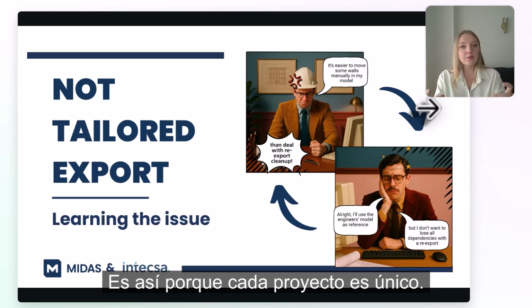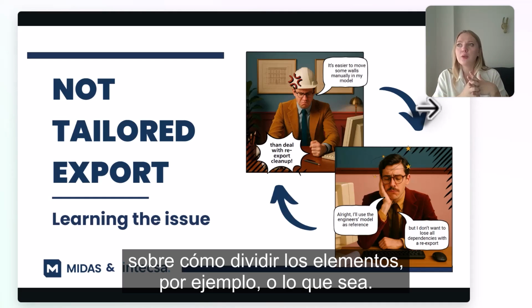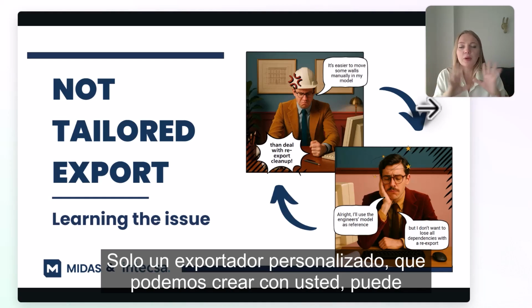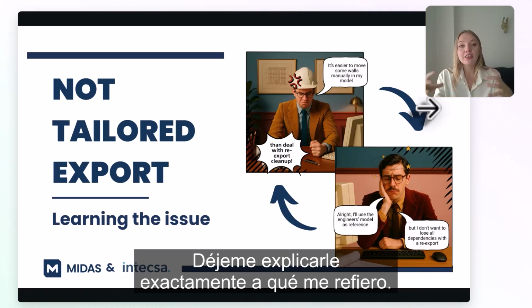It's just the way it is, because every project is very unique, and every project has its own rules, its own algorithms, its own ideas of how to divide elements, or whatever it can be, that only a tailored exporter that we can do with you can really solve this issue.